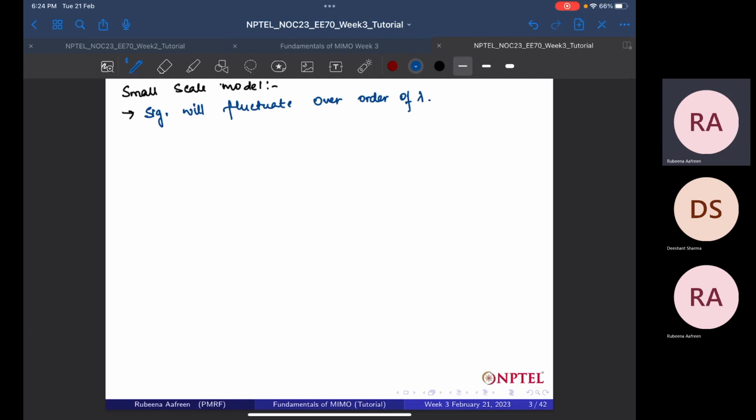One assumption that we carry in the small scale model is that the mobile station is moving. So when the mobile station is moving, we will consider the Doppler effect. Suppose we have any wave incoming and the mobile station is moving with velocity v.